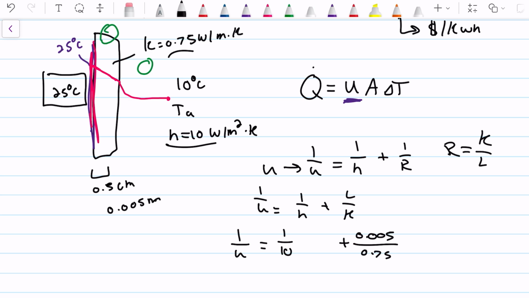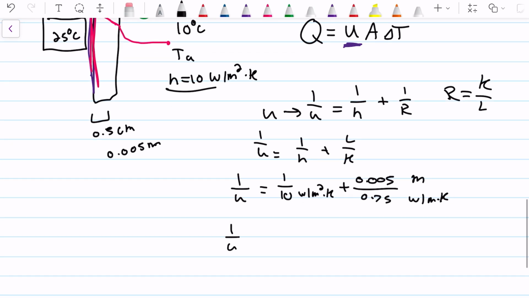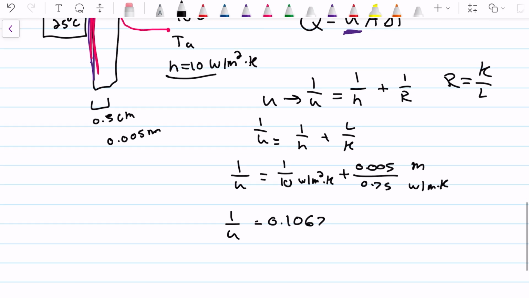Let's see, that's 1 over watts per meter squared Kelvin, and then this is meters, and then this is watts per meter Kelvin. So 1 over U is going to be 0.1 plus 0.005 divided by 0.75. So 1 over U is equal to 0.1067, we'll call it.